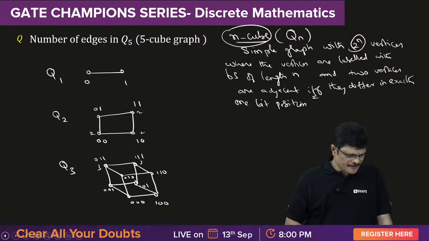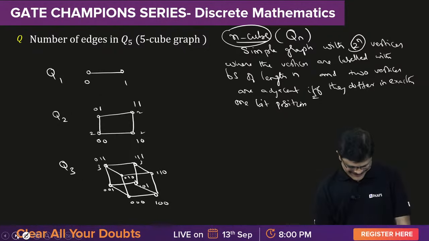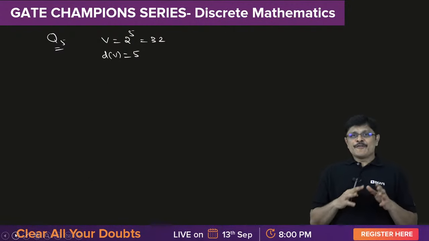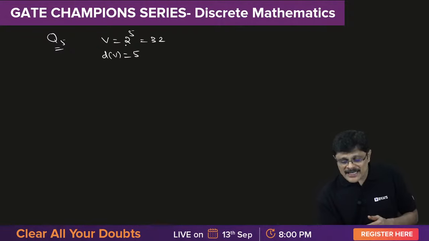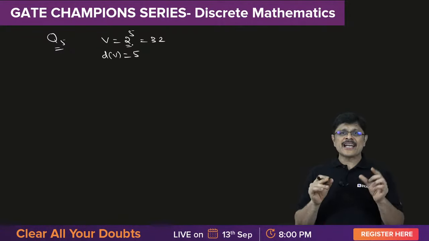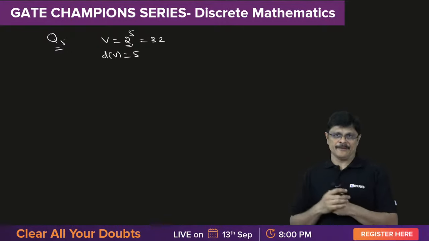That is the story. Now, in Q5, how many vertices are there? 2 power 5, that is 32 vertices, labeled with binary strings of length 5.